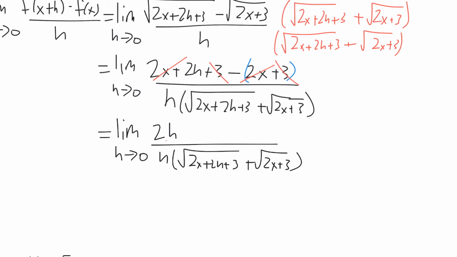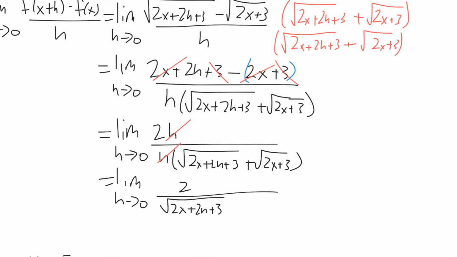We can cancel out the h's. So we have the limit h approaches 0 of 2 over root 2x plus 2h plus 3 plus root 2x plus 3.